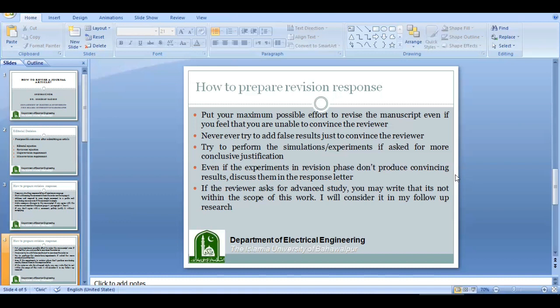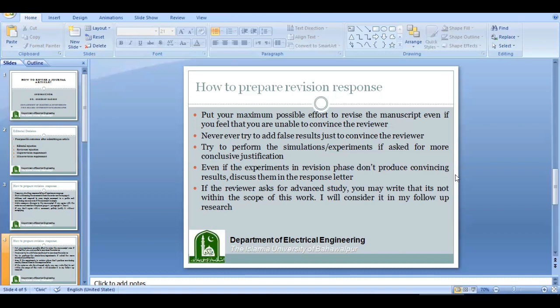Finally, if the reviewer asks for an advanced study, you may write that it is not within the scope of this work and that you will consider it in your follow-up research. Sometimes you have submitted an article and the reviewer is not satisfied with the contribution in the paper, so he may ask for more experiments, and if you think that the results of those experiments will further lengthen your manuscript, then it is better to avoid adding them.